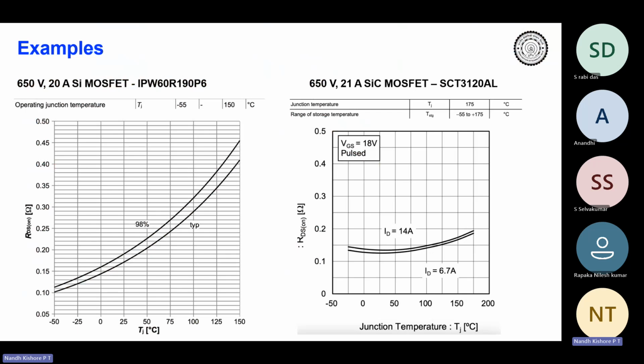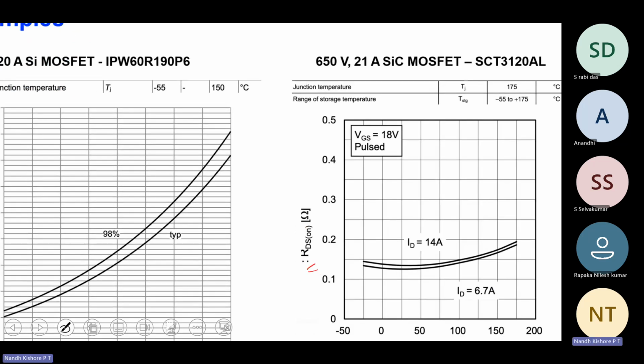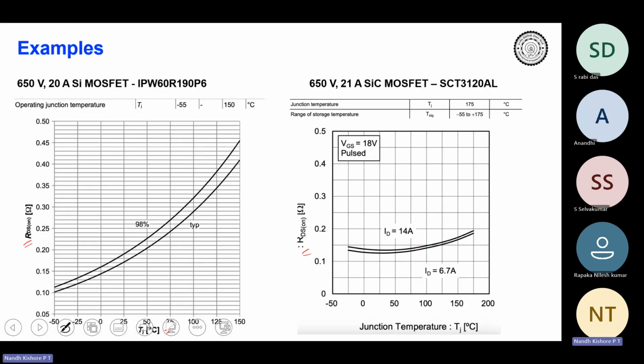Okay, so just a comparison in the datasheet characteristics. One more interesting thing that you will observe if you compare the datasheets of silicon MOSFETs and silicon carbide MOSFETs is this: here is the variation of the device RDS on, the drain source resistance, with the junction temperature. As the junction temperature increases from -50 towards 150, RDS on shows an almost quadratic increase for Si MOSFETs.